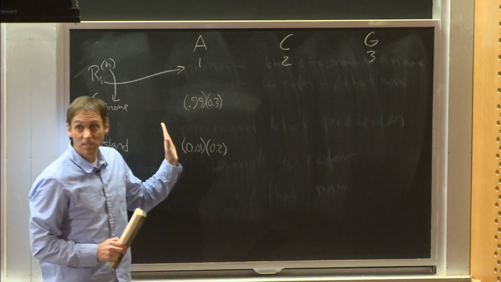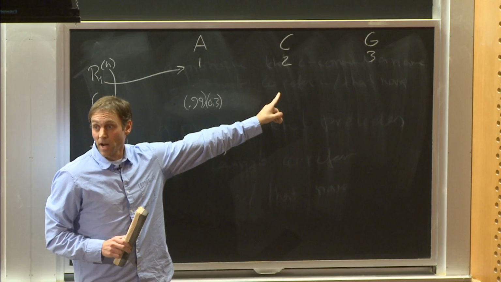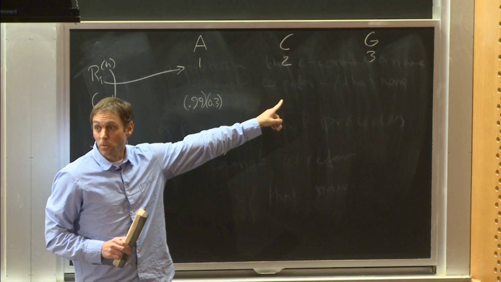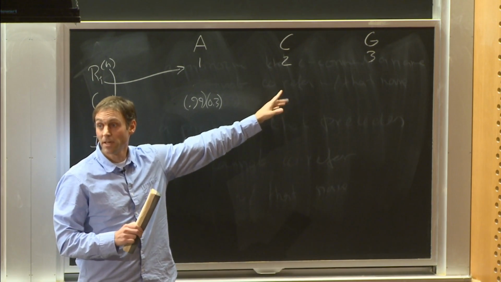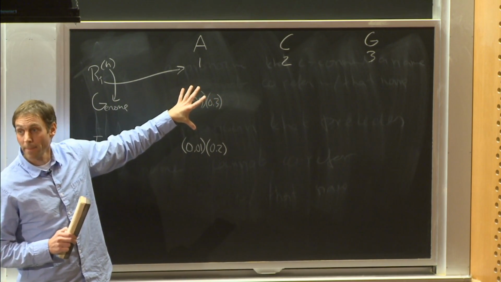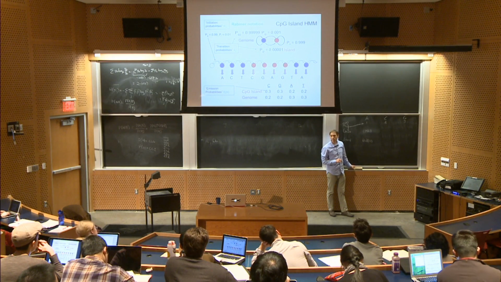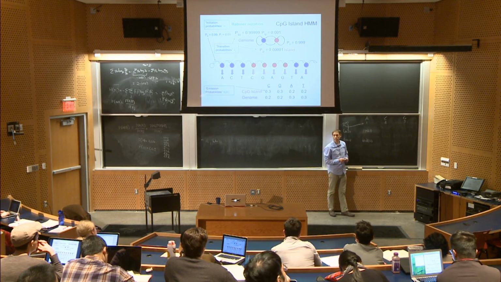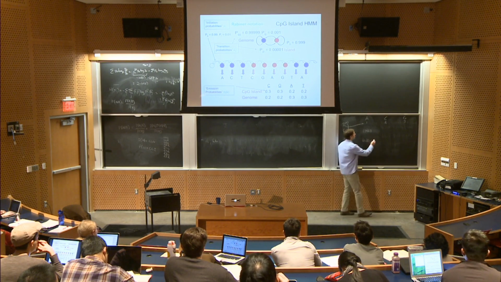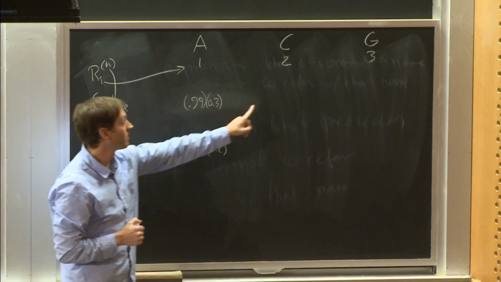We said we have to do a recursion, right? We have to figure out the probability of the optimal parse ending at position 2 in each of these states, given the optimal parse ending in position 1. Okay, now how do we figure that out? What are we going to write here, or what do we have to compare to figure out what to put here?